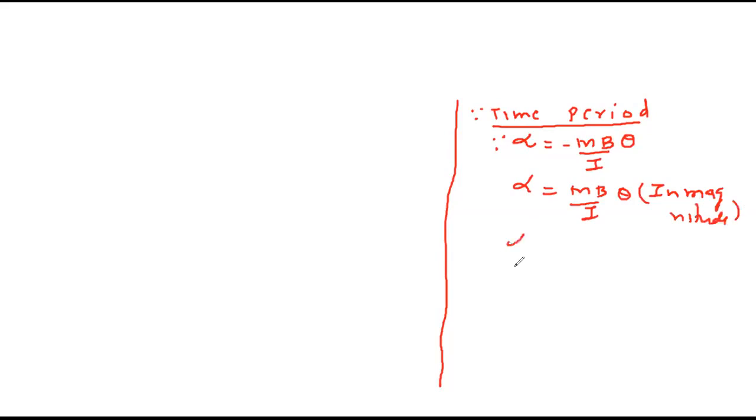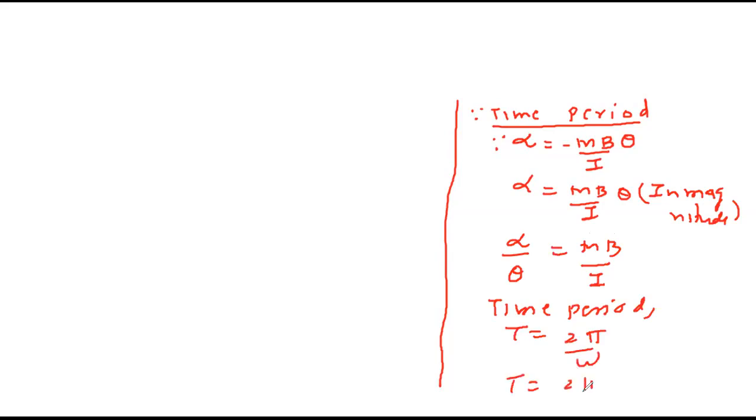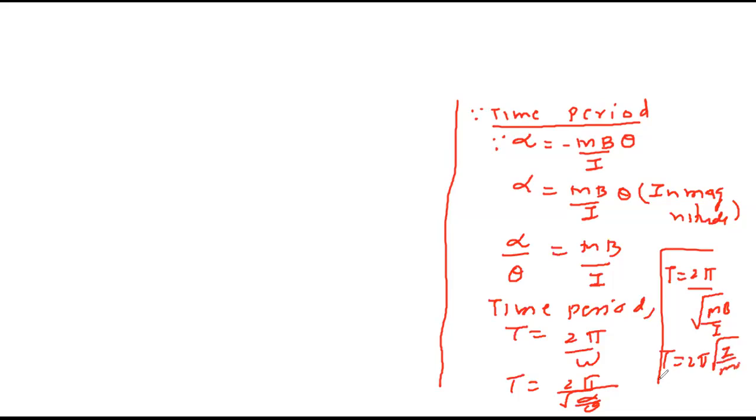So wherever I have alpha upon theta, I can write mB upon I. Time period P is 2 pi by omega. So it is 2 pi upon root of alpha upon theta. Therefore, P is 2 pi upon root of mB by I. So P is 2 pi root of I upon mB. This is the expression for time period of the vibrating bar magnet.